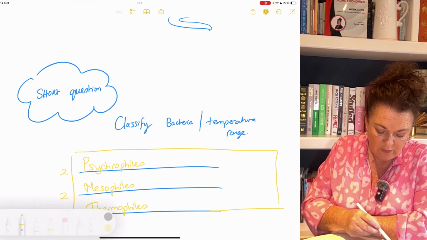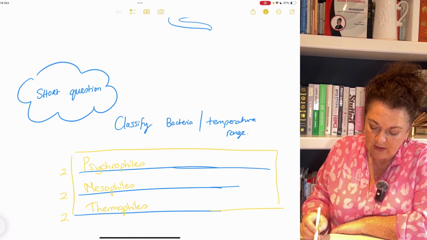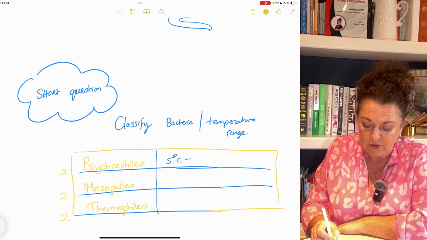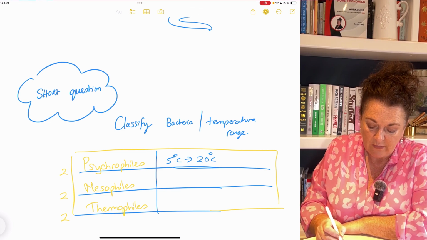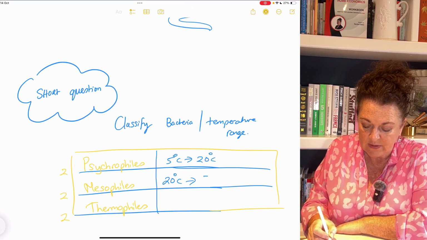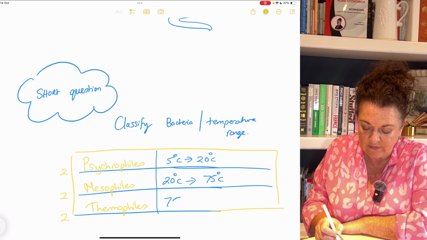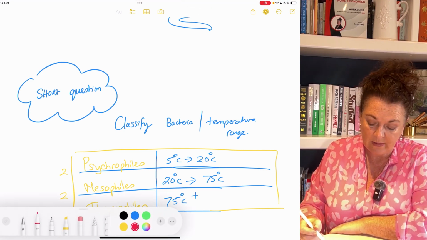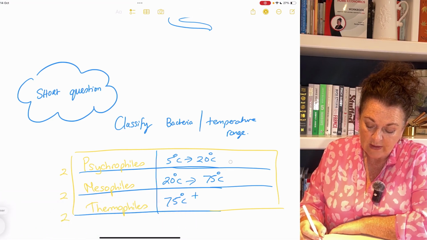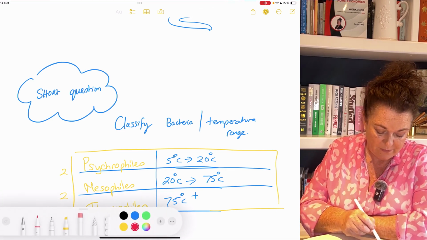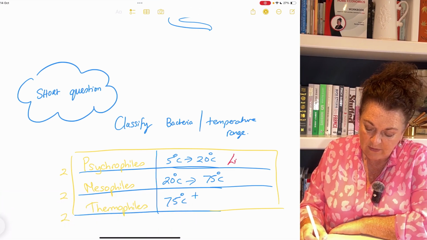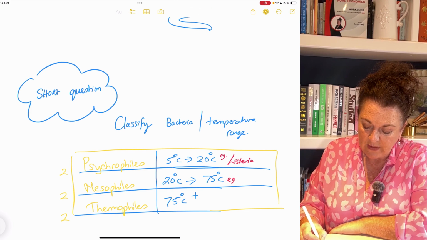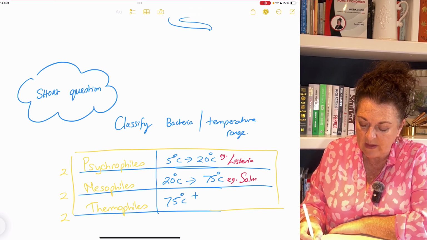So what you'd have to do then was give the temperature range: 5 to 20, then 20 to 75, and then 75 plus, but always back up with an example. So a psychrophile could be listeria. So we're going to take listeria as an example. A mesophile would be salmonella.